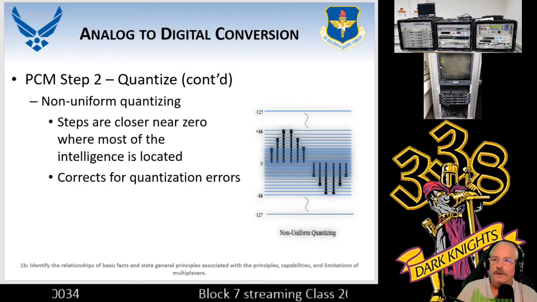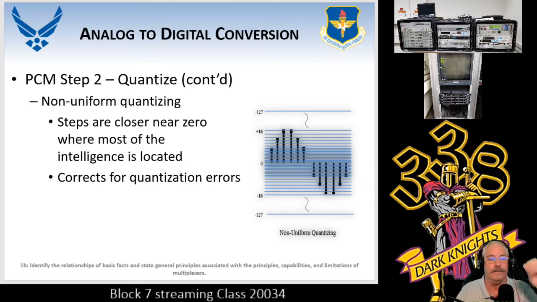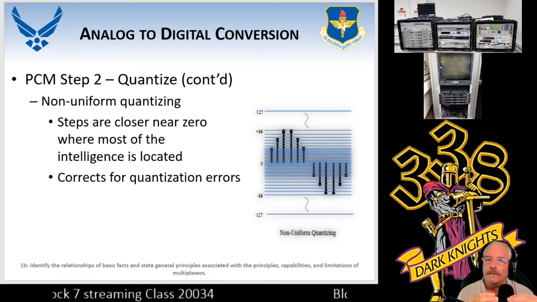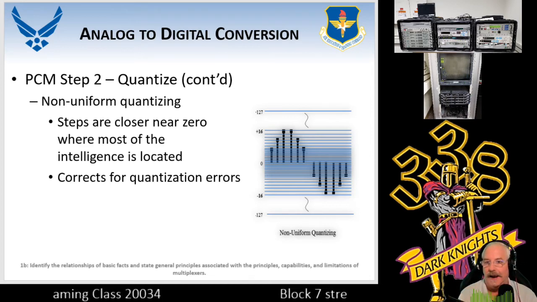When we go from uniform to non-uniform, we still have the same 127 lines in the positive and the same 127 lines in the negative. What changed? Well, with non-uniform quantizing, instead of each line being spaced equally, what they found out is the human voice of the masses.